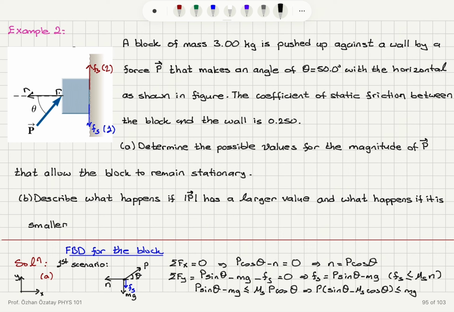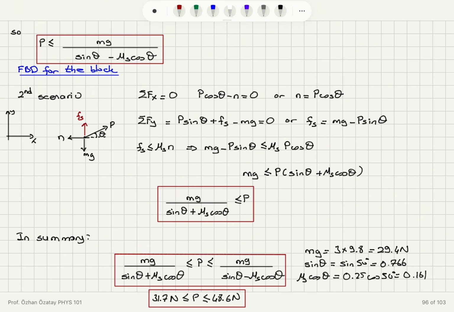We have a range of values for P. Mg divided by sine theta plus mu s cosine theta is minimum, and mg divided by sine theta minus mu s cosine theta is maximum. So we have numerical values given here, taking g 9.8 meters per second square, mass is 3 kilograms, theta is 50 degrees, and mu s is 0.25 as given in the problem.